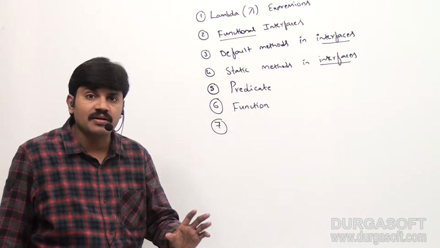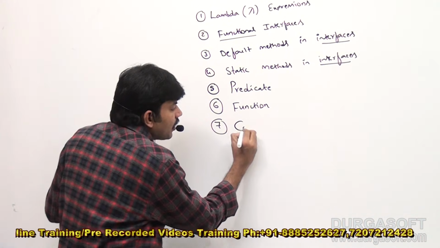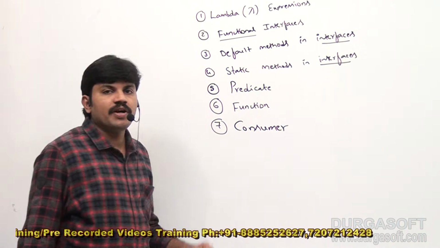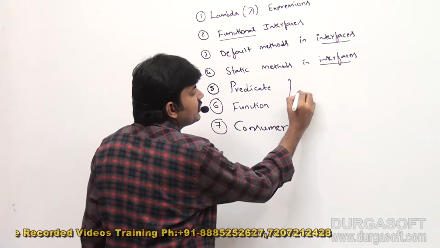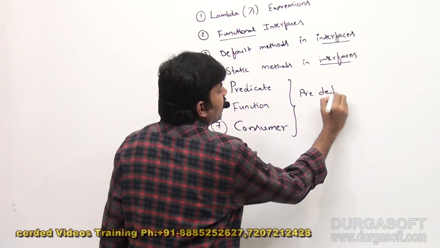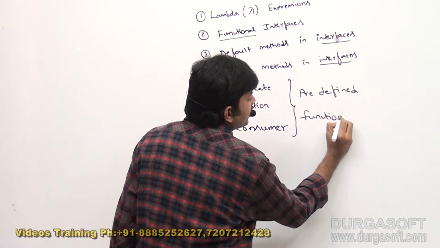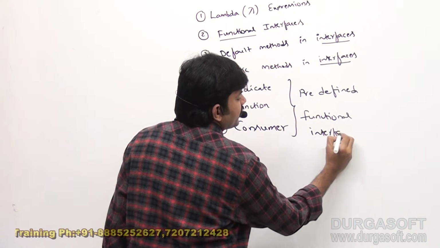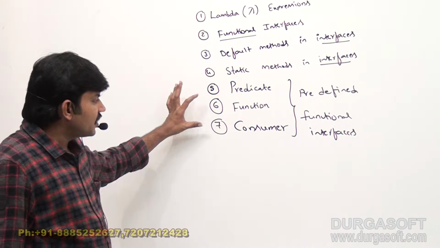Similarly, Function is also a predefined functional interface. Next, Consumer, which is also a predefined functional interface. We have to discuss these predefined functional interfaces. With Lambda expressions, we can happily use these functional interfaces. Which methods are there and how to use them, I will discuss in detail.